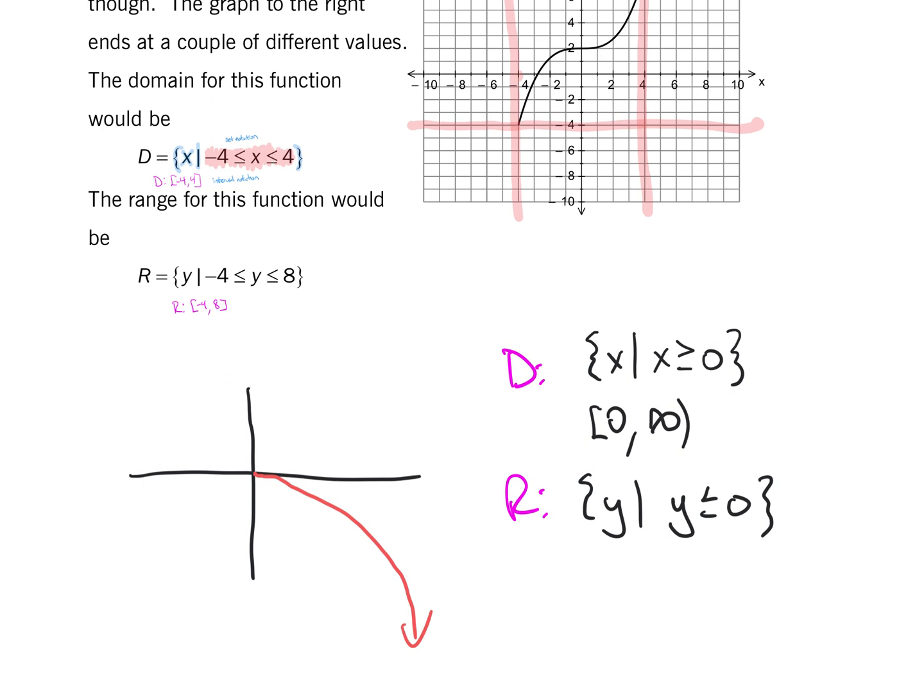So for interval notation, it's going to be negative infinity, round bracket, to 0, square bracket. And that's the range of that. Okay? So Maddie asked the question, can we have something that doesn't have a square bracket at 0?